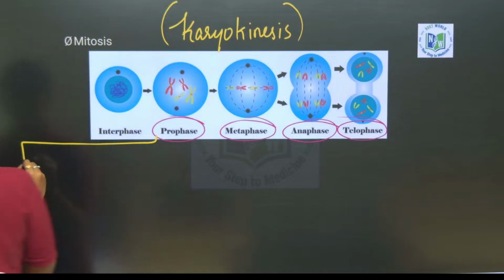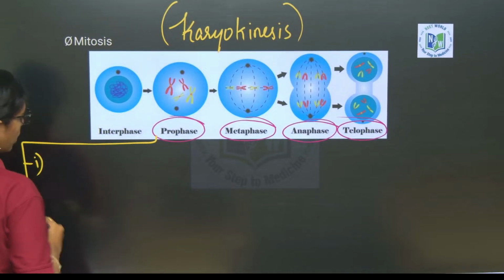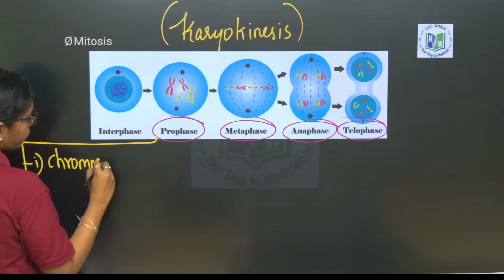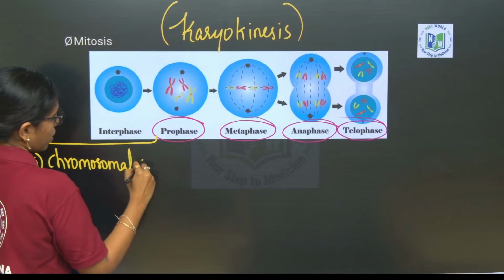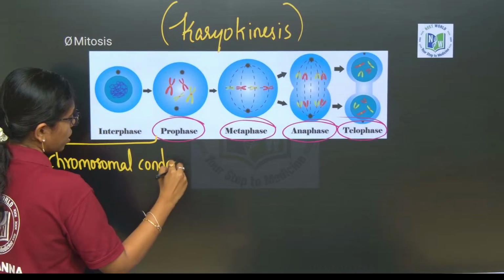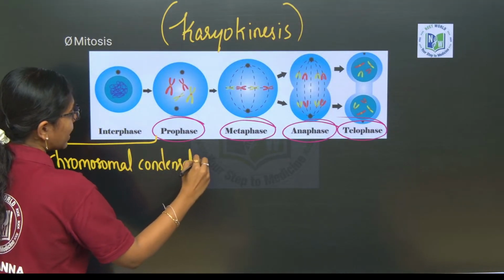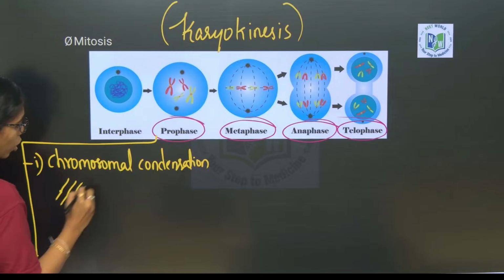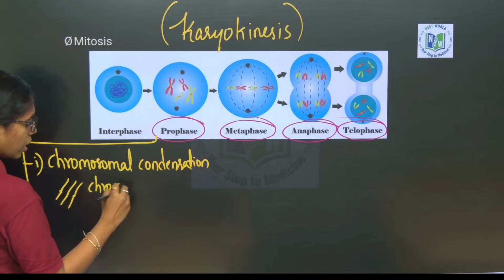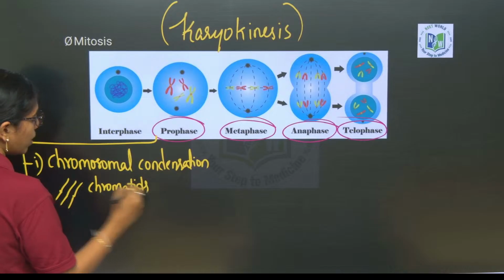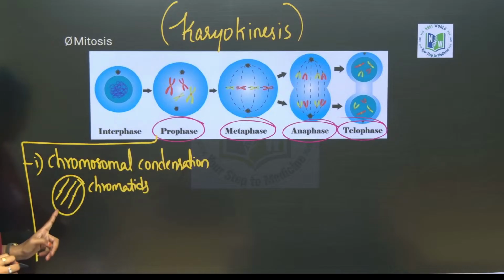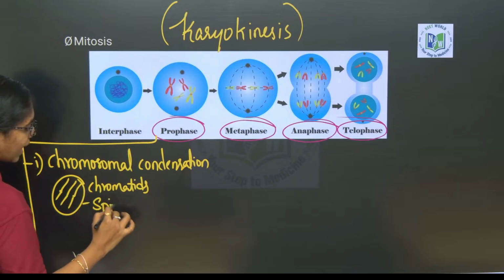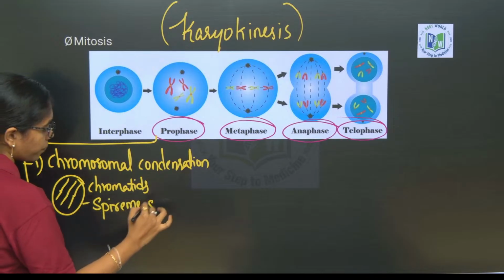Take down parallelly. What is the first event? Chromosomal condensation. They will be forming some thread like structures called chromatids. These chromatids will be adjoined to the nuclear membrane. They will be touching the nuclear membrane. So this stage is also called as spireme stage.